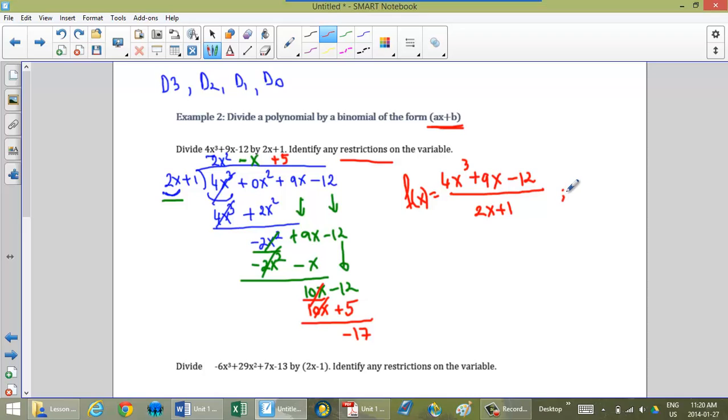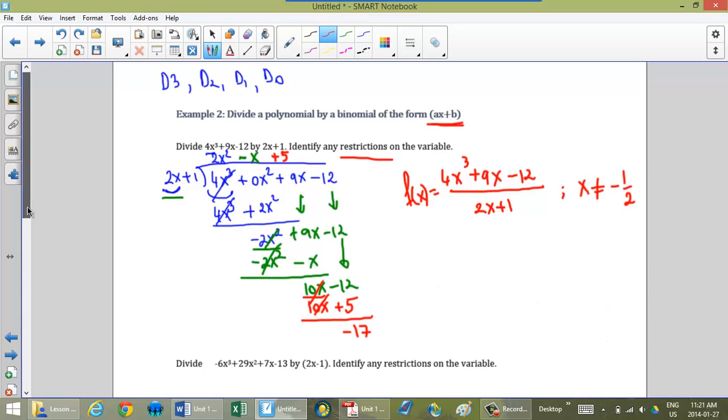So I want you to go back to that grade 11 course and remind yourself, what does it mean to identify restrictions on the variable? That means that the denominator cannot be 0, and the denominator is 0 at x equals negative 1 over 2. Since it is a restriction, we're going to say x cannot be negative 1/2.